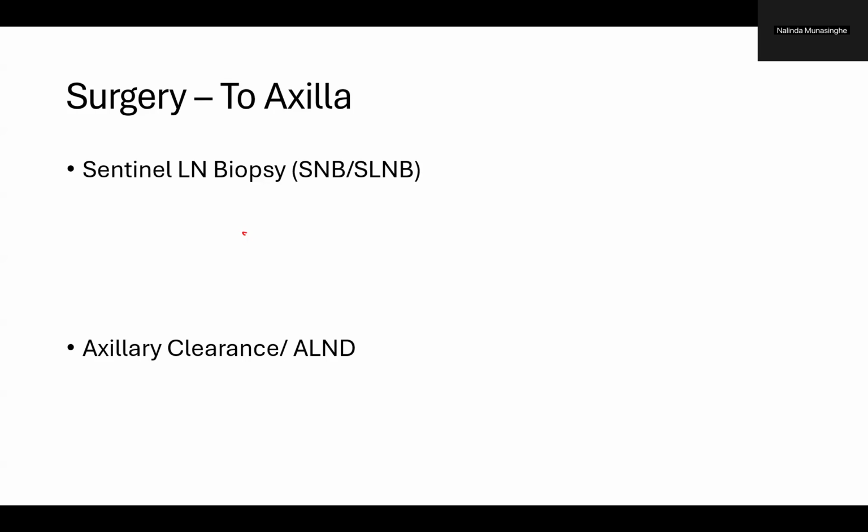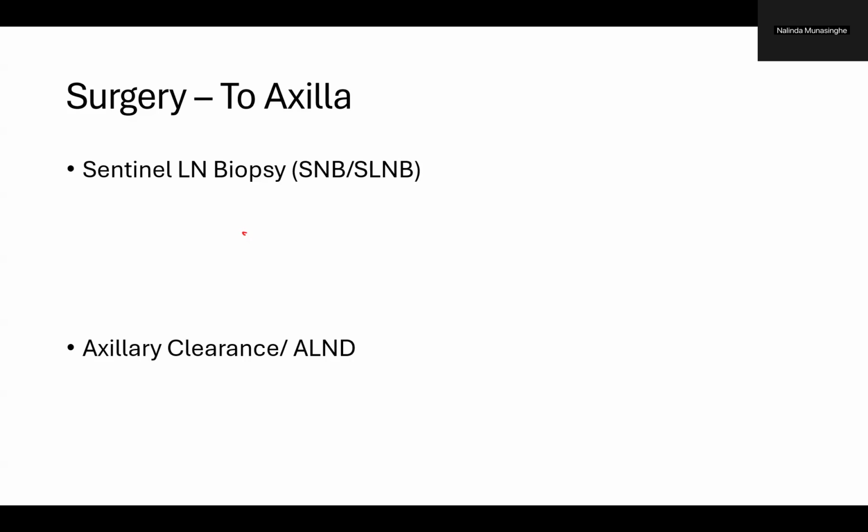You can give a subareolar injection at the start of the surgery, and you do a breast massage for 10 minutes. Then you open up the axilla, and you will find the lighted up node. Or else, sometimes if the tumor is sitting right at the upper outer quadrant where the axillary tail is, you can still give the subareolar injection, but sometimes you can give it peritumorally as well.